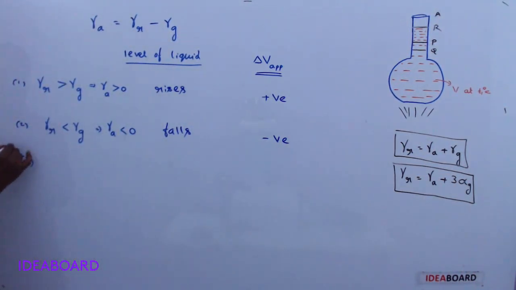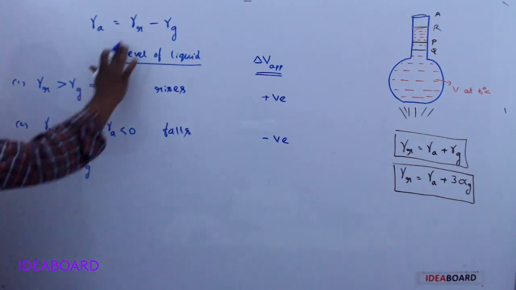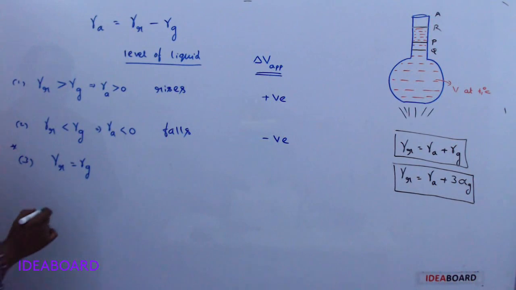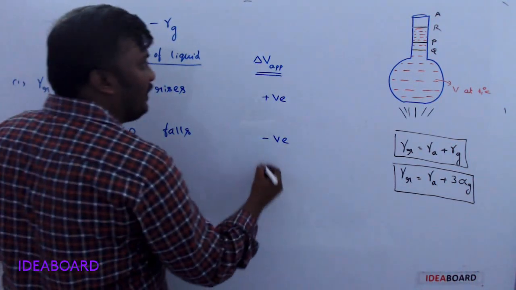The third one is the most important thing. If gamma R is equal to gamma G, then gamma A becomes 0, which means the numerator becomes 0.